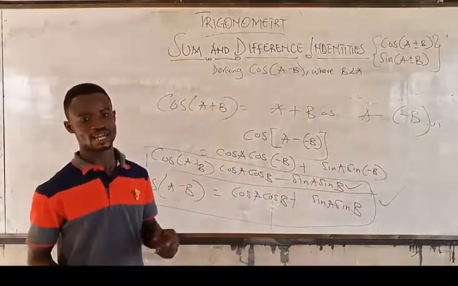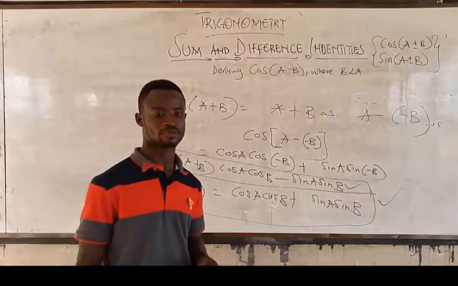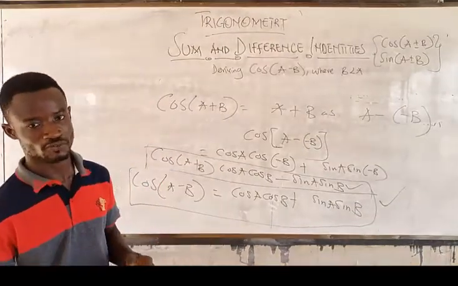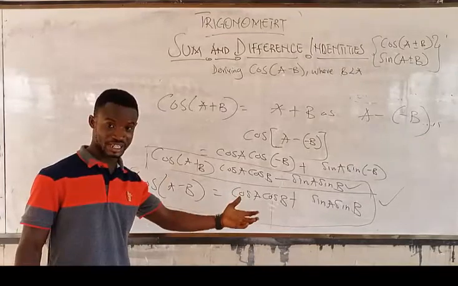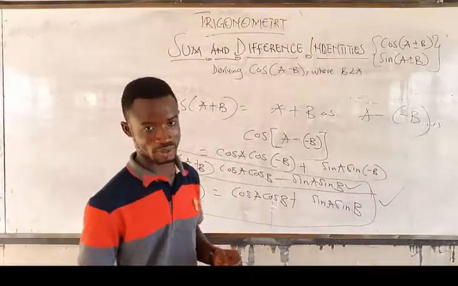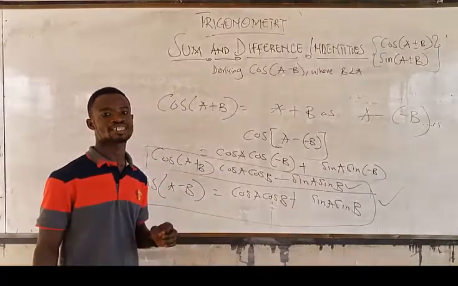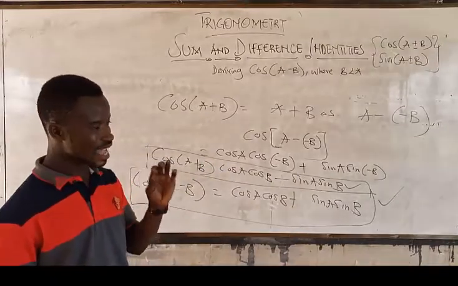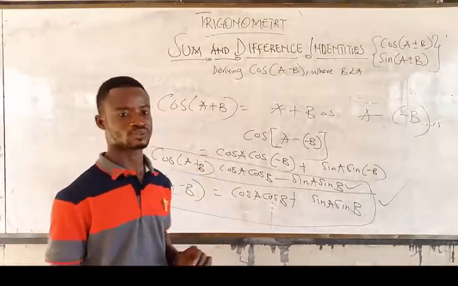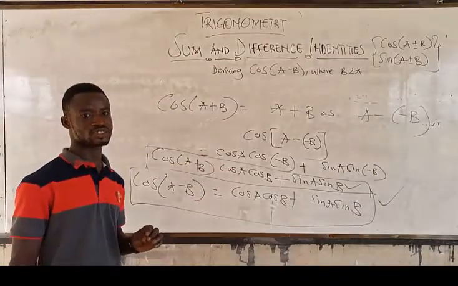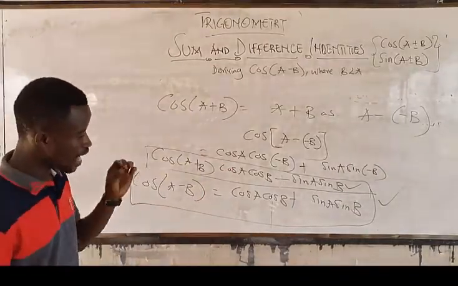Although a calculator can be used to find an approximation for cos 15 degrees, the method shown below can be applied to get an exact value, as well as practice using the sum and difference identity.